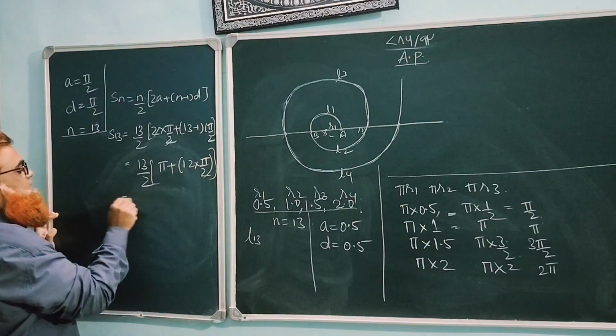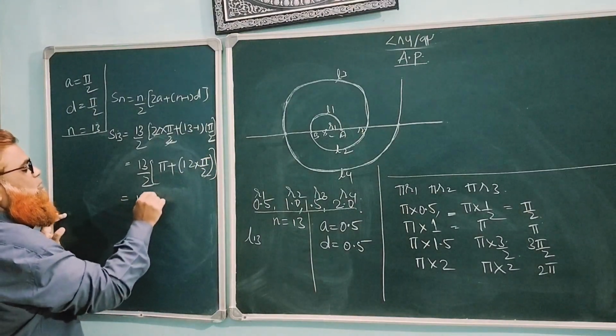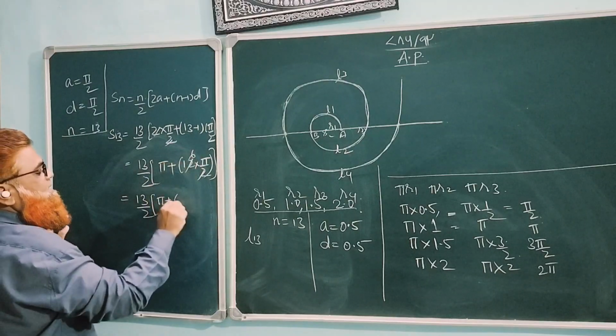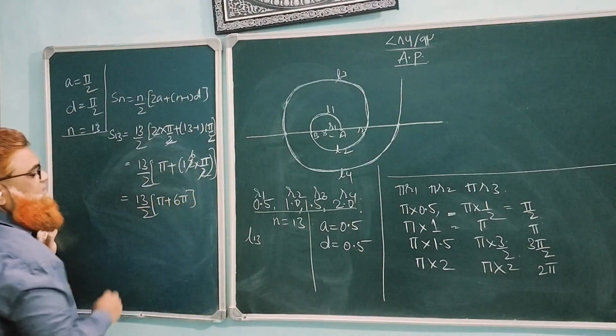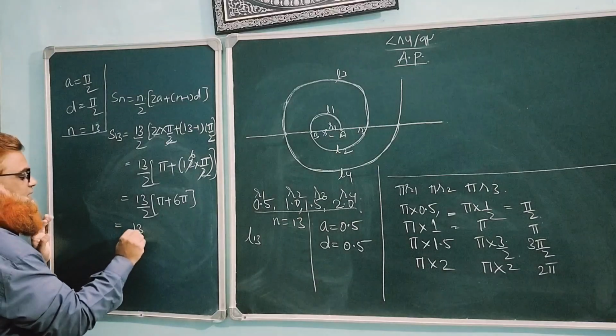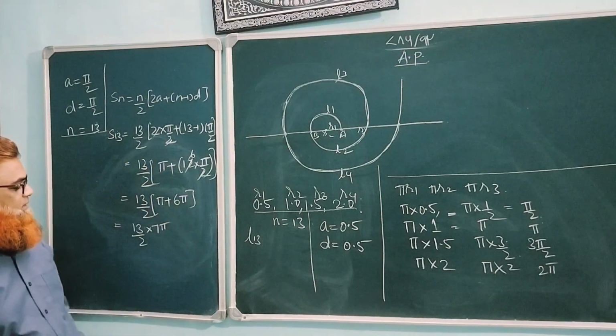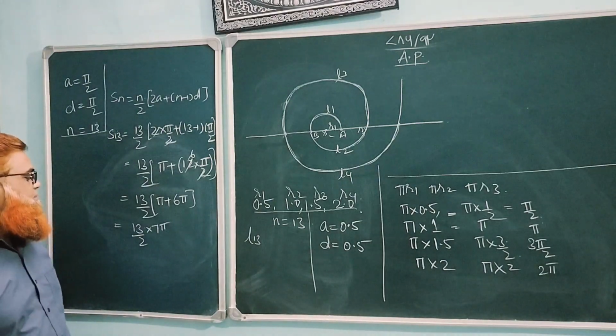This is 13 by 2 into pi plus 2 6s are 6 pi. Now this is equal to 13 by 2 into 7 pi.